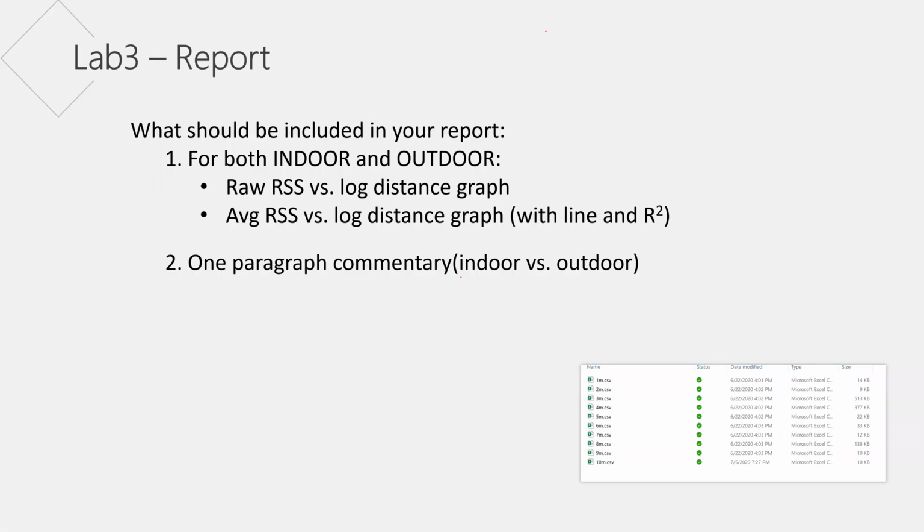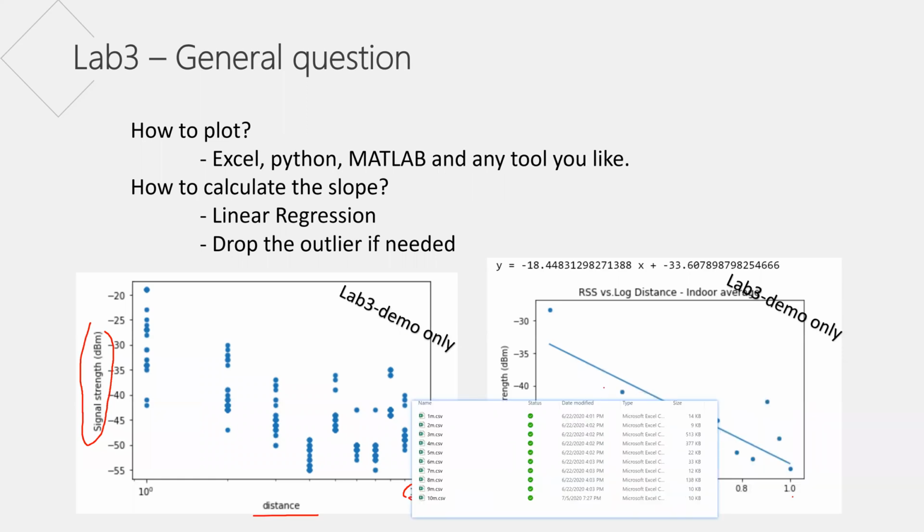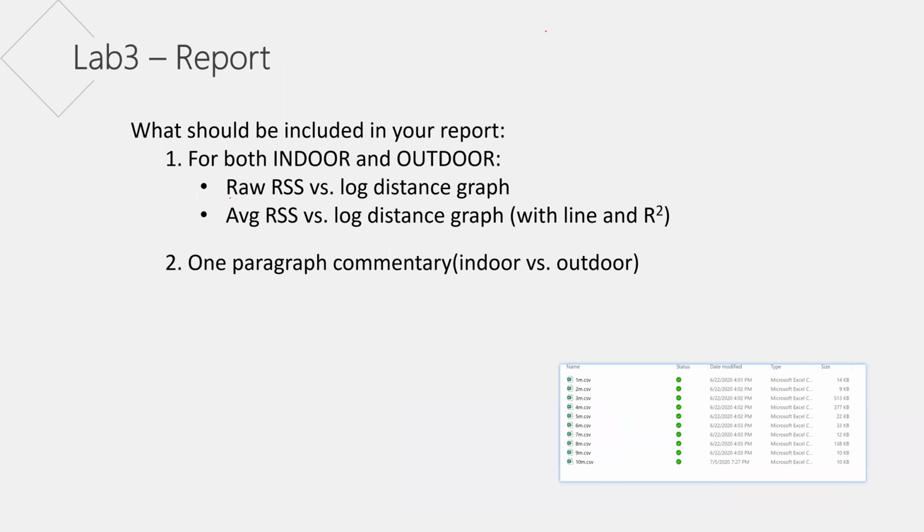You are required to plot something like this. The y-axis is signal strength, and the x-axis is distance in log scale. Because I'm using 10 meters as my longest distance, the log scale is 10. Does that make sense? So we are going to plot two different graphs.